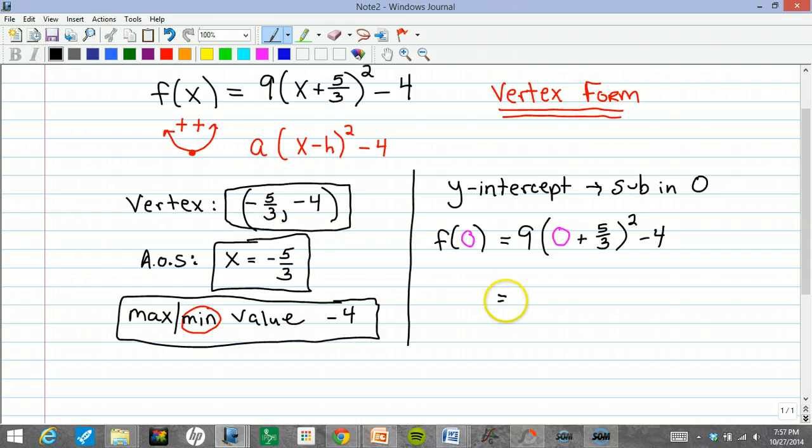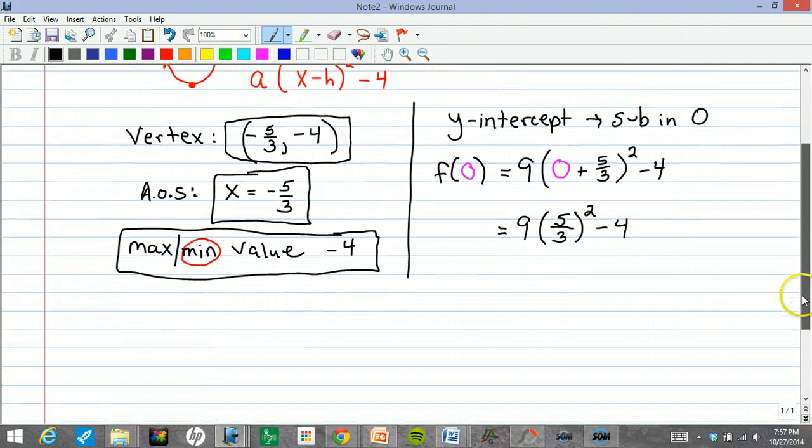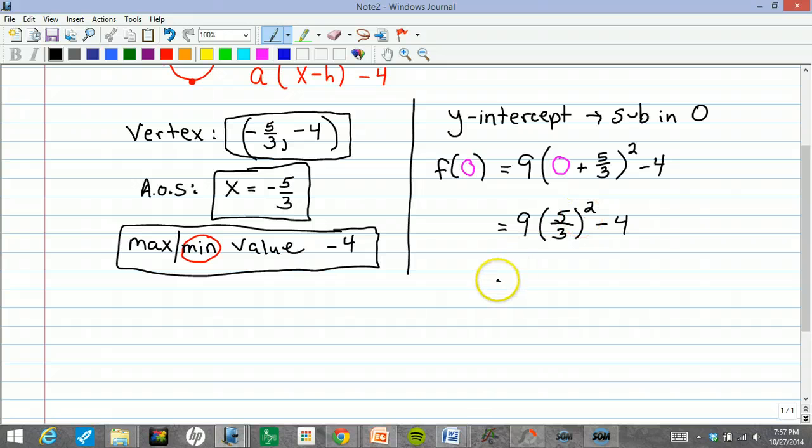Without a calculator, order of operations: start with your parentheses. Well, this is not too bad. 5/3 squared minus 4. Now we take care of the exponent. 5/3 squared: 5 times 5 is 25, 3 times 3 is 9. Minus 4. And we get a nice little simplification because the problem's rigged that way. 9 times 25 ninths, those undo each other.